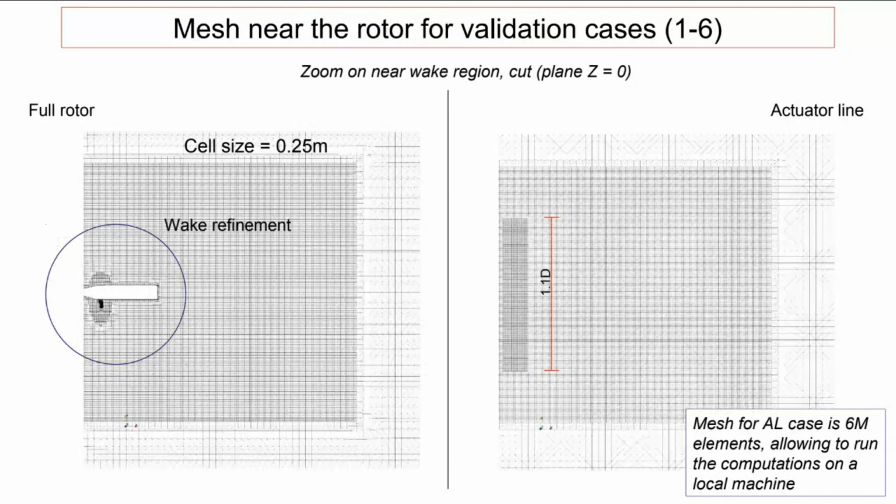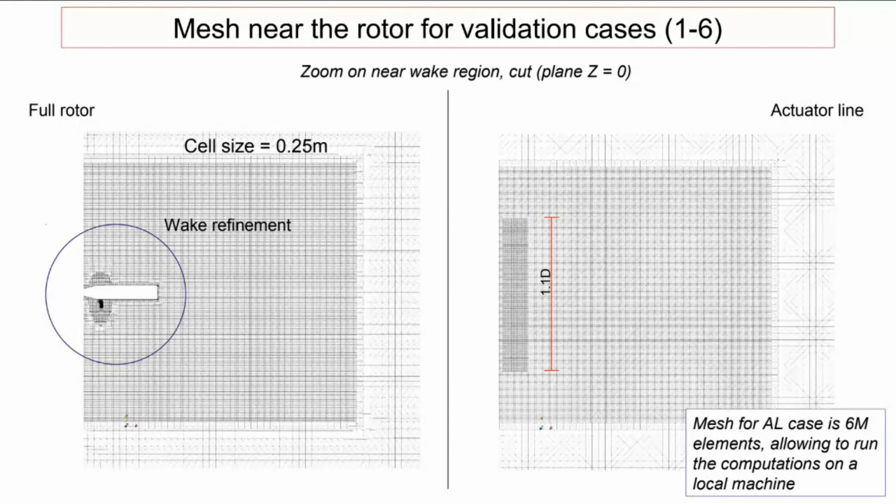For the case of actuator line, the case is simpler because the rotor geometry, for example, here in a cut is seen a little piece of blade and the hub, can be just substituted by a refinement area with larger elements that will host the actuator lines.